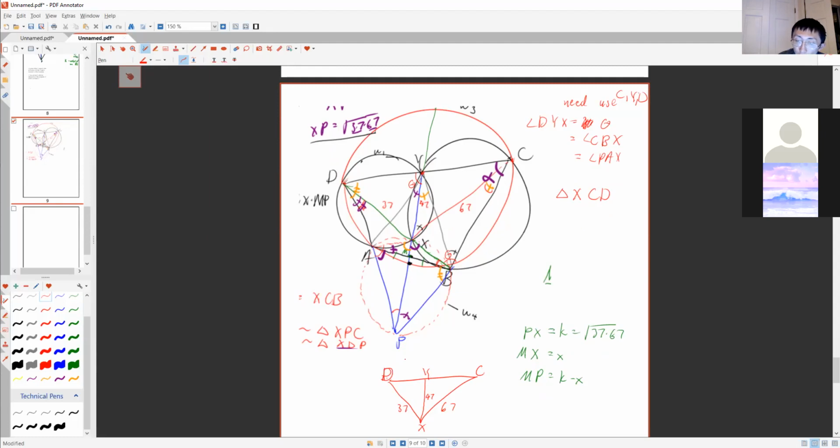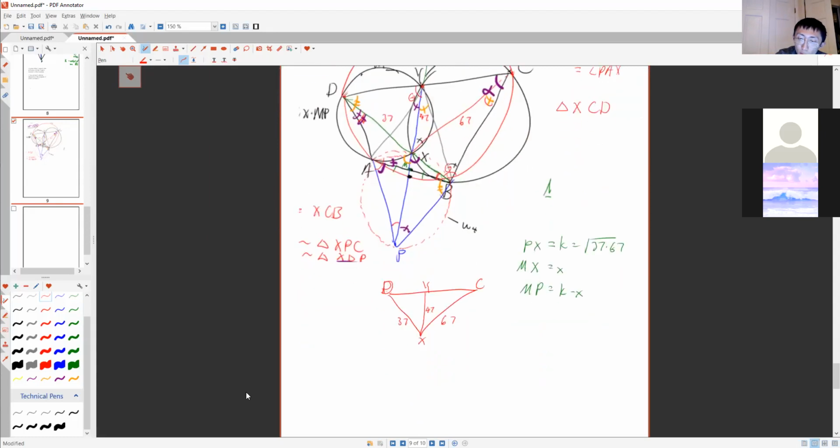And so you can probably get some fact about, so we also have this is P. So because PX is a median of PAB, PY is a symmedian of PCD.